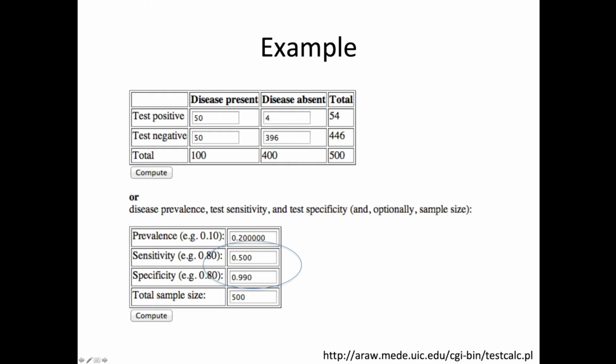It was negative in 50 who had the disease, and in 396 who didn't. When you plug those into the formula, our sensitivity, which is just this divided by this, is 50%. And our specificity, this divided by this, is 0.99. The test is fairly specific, but not very sensitive.